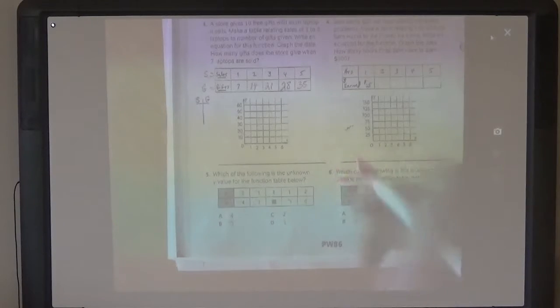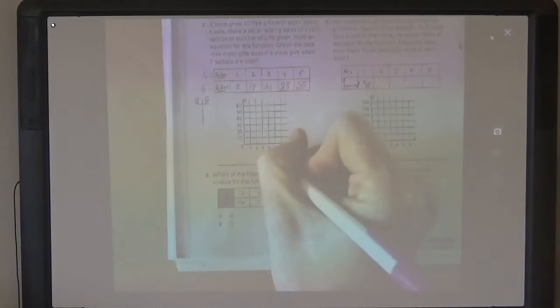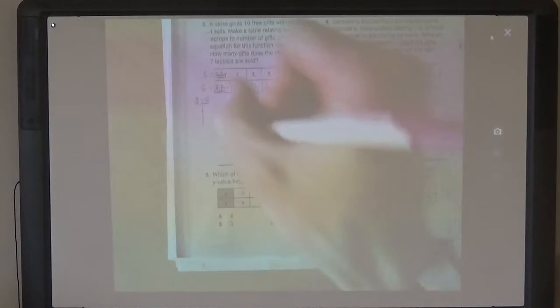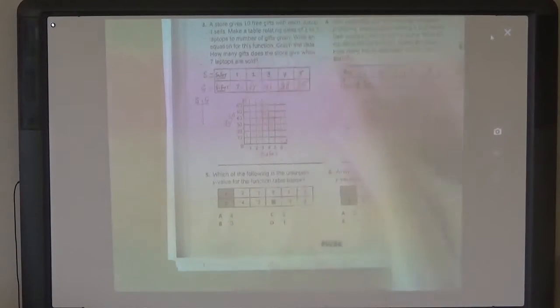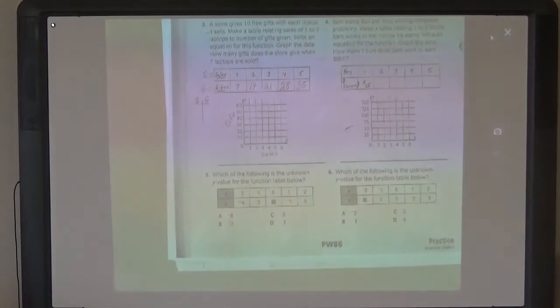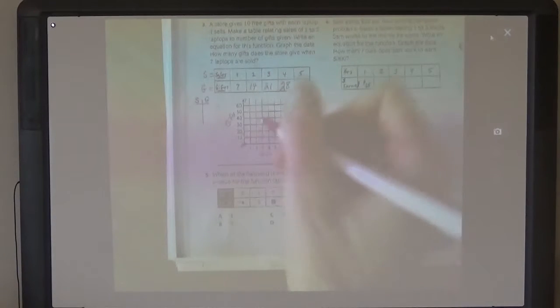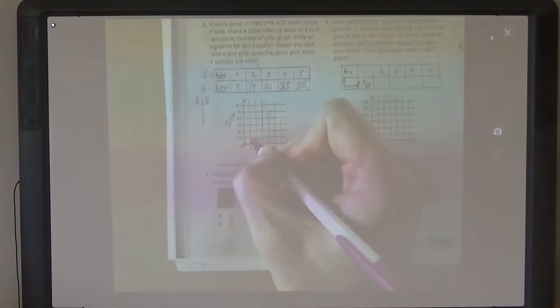The sales, correct. So label this as sales, and label the other one as gifts. How about when 0 sales? When there's 0 sales, there are 0 gifts. 1 sale will give us 7, right?